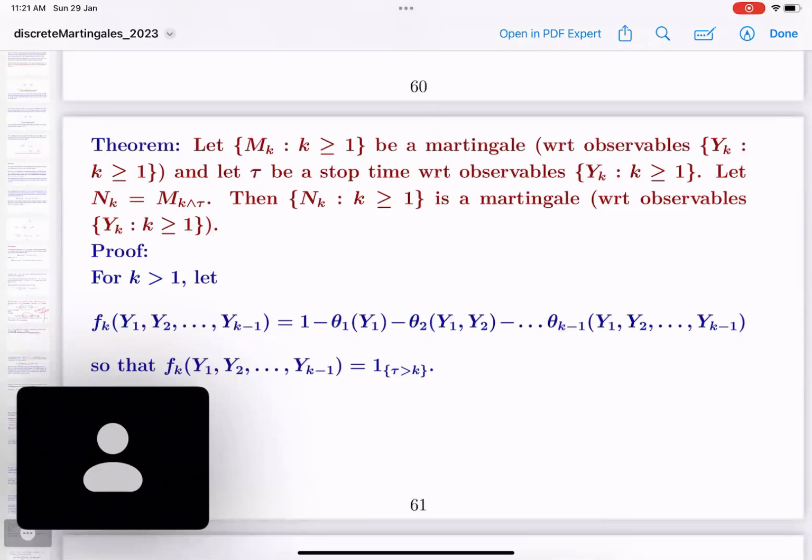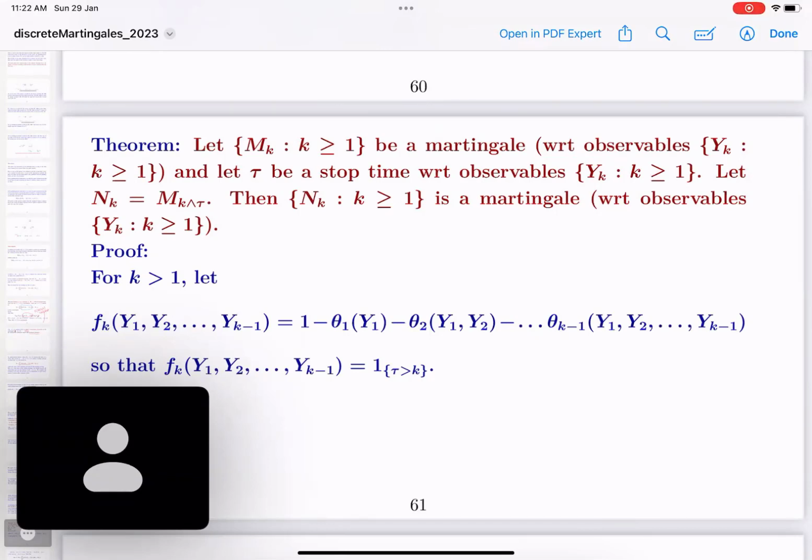This is actually a special case of Doob's martingale transform theorem that we talked about. Let tau be a stop time with respect to those observables, and let nk be equal to m of k minimum tau. That means you keep moving as long as you have not stopped. Once you stop, nothing changes after that, so your net reward remains whatever it was at time tau.